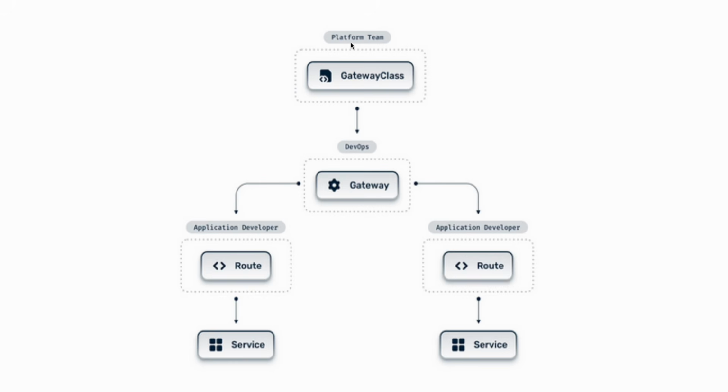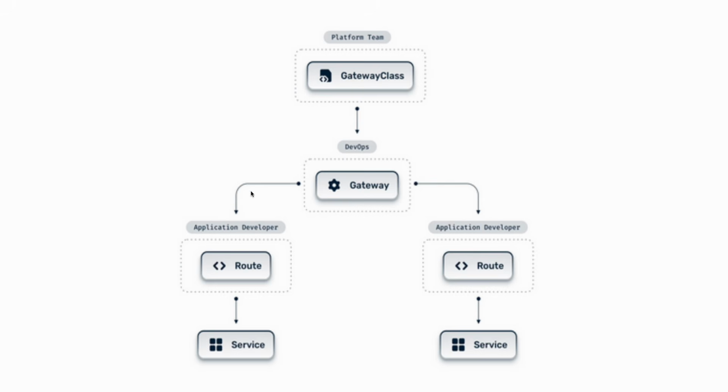Here you can see one component, which is GatewayClass, where we mention which gateway we want to implement or integrate. It is done by the platform team, who will be responsible for the GatewayClass. Then Gateway comes into the picture, which is handled by the DevOps team. In the Gateway, we will be mentioning the rules, the routes and all, and the DevOps team will be responsible for this.